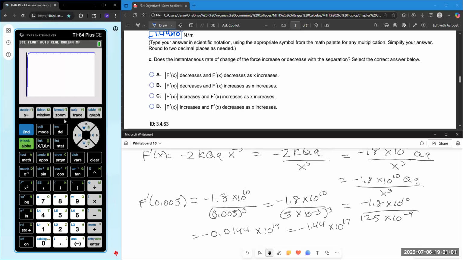And so we have that F prime of x is negative but approaching 0, so the absolute value is decreasing, yet F prime is actually increasing because it's getting less negative here. So that would be B, the absolute value decreases, and F prime increases as x increases here.